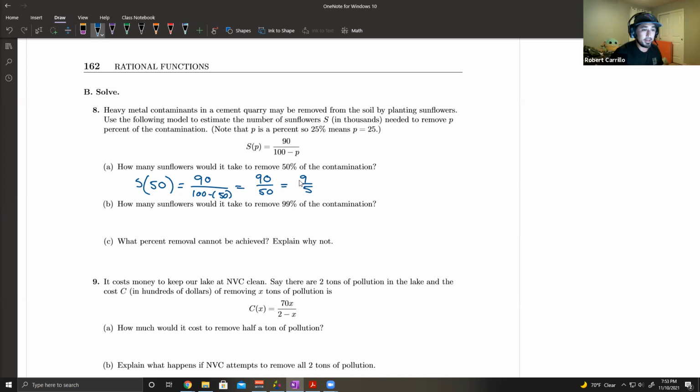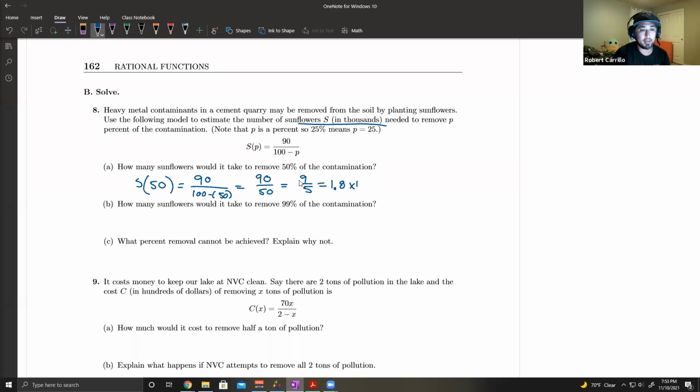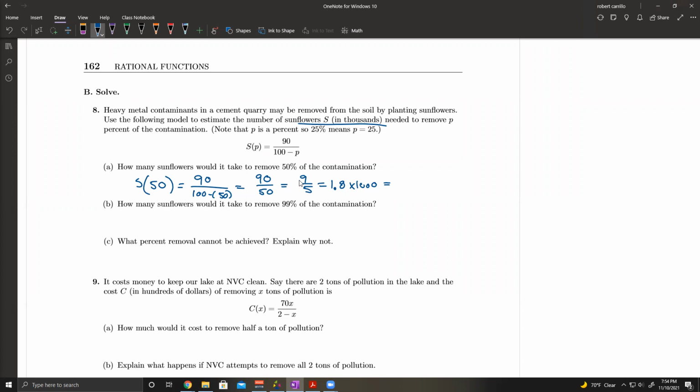So what is 9 divided by 5? 1.8. But now we would multiply that by 1,000, and that's going to tell us how many sunflowers we need to plant to get rid of that contamination.